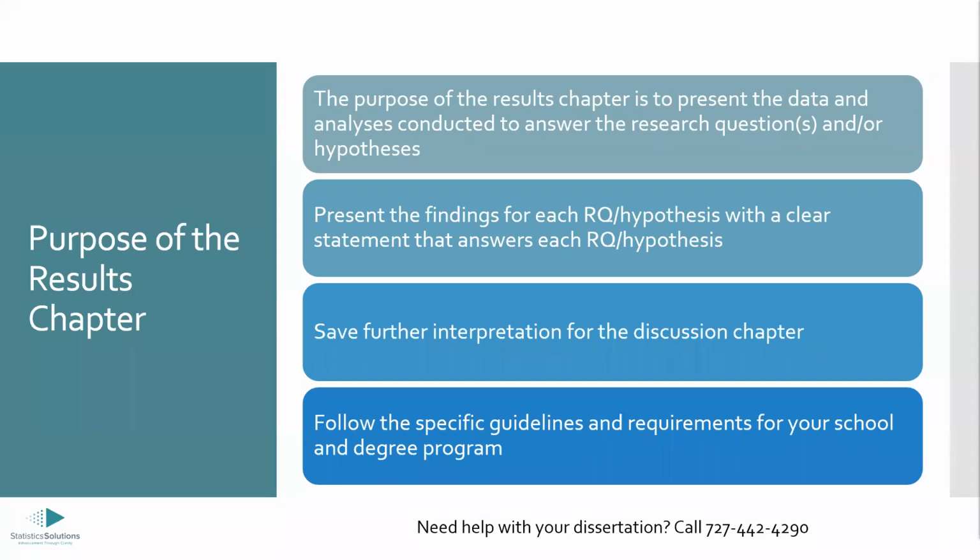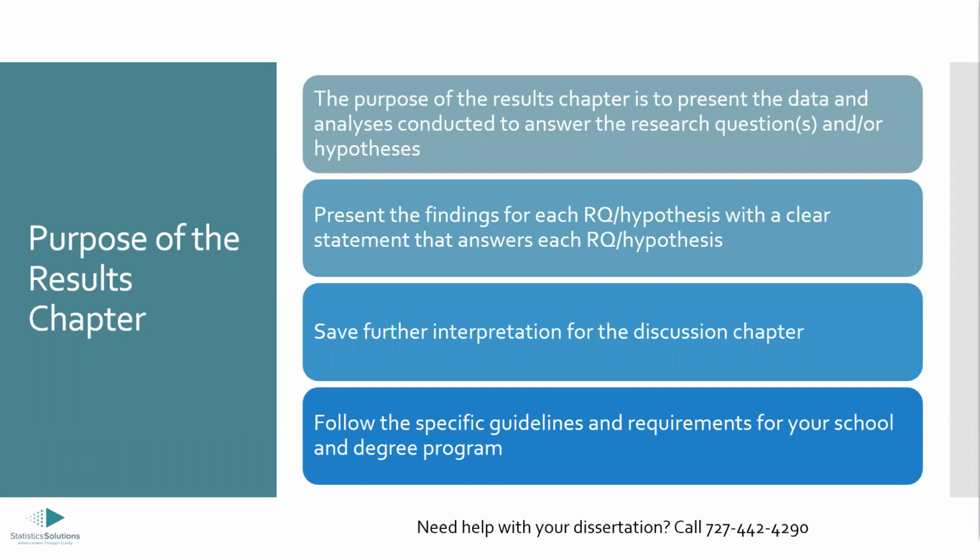So this is arguably the most important chapter of your dissertation, because it contains the results that will actually answer the research questions and the research aims that you set out to answer at the beginning of your dissertation. And so in the results chapter, you will want to present the findings or the results of the analyses for each research question and hypothesis, along with a clear statement that answers each research question and hypothesis.